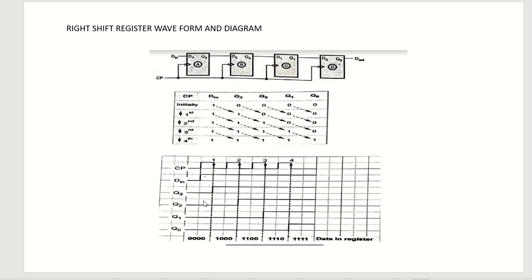When we press the clock pulse the second time, Q2 becomes 1 at the negative edge of the clock pulse, and so on. Q0 becomes 1 when we press the clock pulse the fourth time, also at the negative edge of the clock pulse.